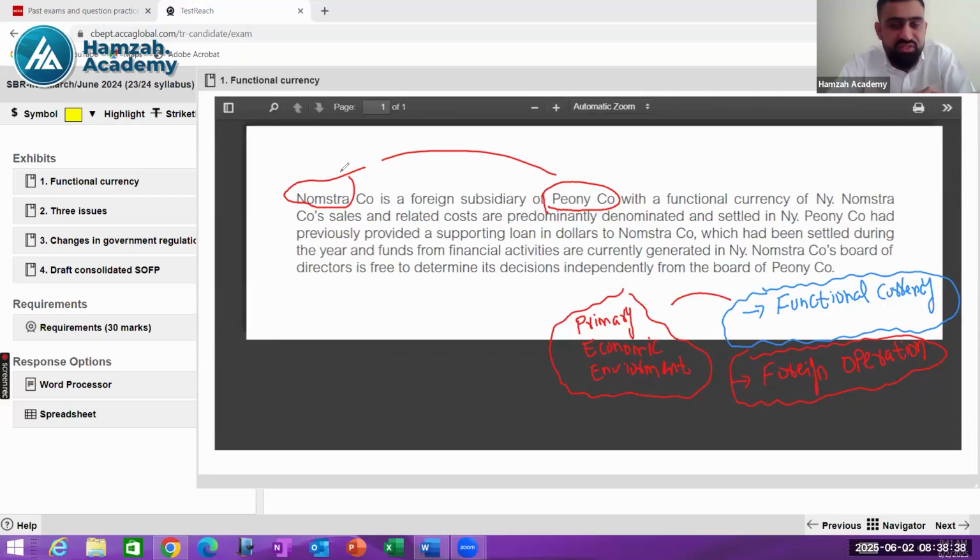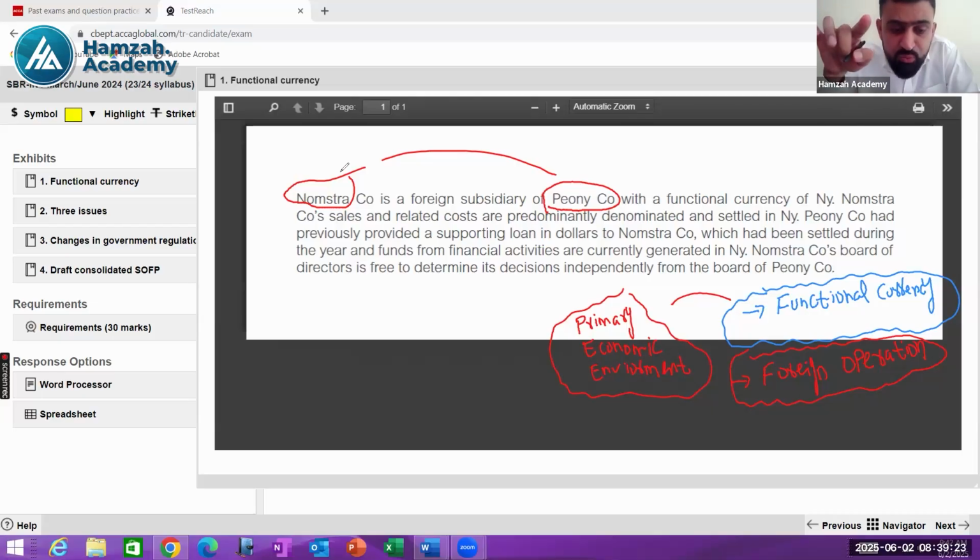If I discuss the summary, if the foreign operation is an extension of the parent company, not acting independently, not taking their decisions on their own, but dependent on their parent company for their decision making, for their financing needs, for their volume of trade, if they have dependency on their parent company, in that case the functional currency of the parent company will be considered as the functional currency of the subsidiary company.